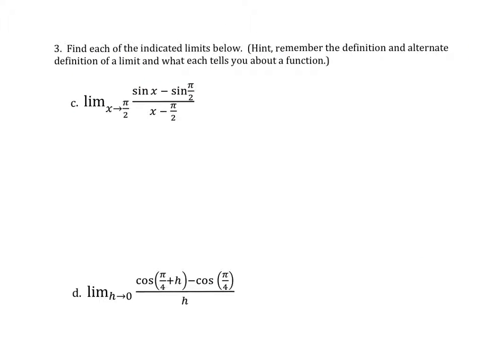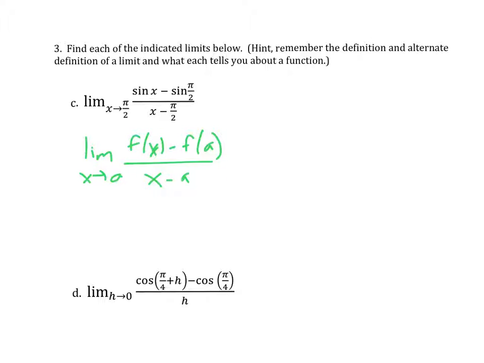So the first one is, I don't see any h. I'm looking at x minus pi over 2, or x approaching pi over 2, and you just kind of got to get used to seeing this and recognizing that this is my limit definition of the derivative. So in general form, exactly what I just had on the other page, limit as x approaches a of f of x minus f of a over x minus a is representing f prime of a.